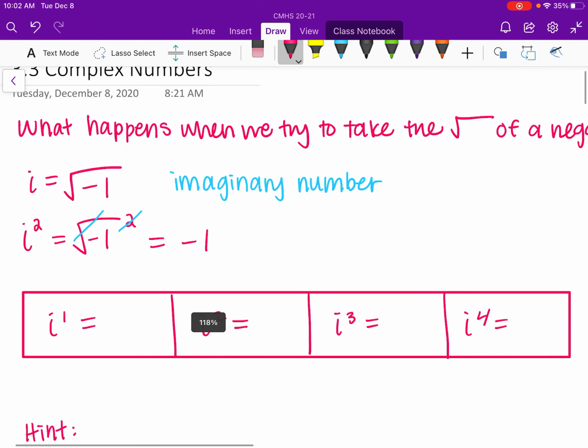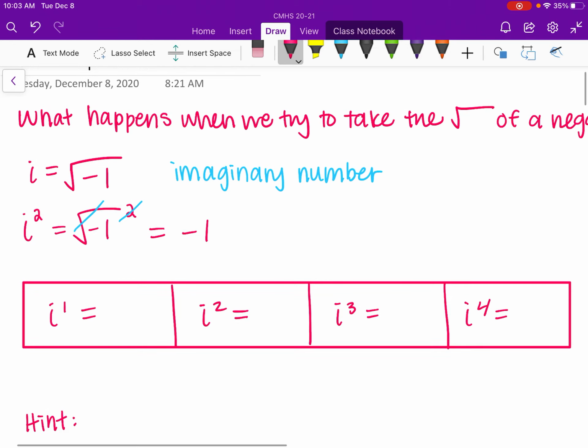So let's look at this chart. We have i to the first power, i to the second power, i to the third power, i to the fourth power. We already know i to the first power is just the same thing as i, which we said was the square root of -1. I to the second power, we said up above, was -1.